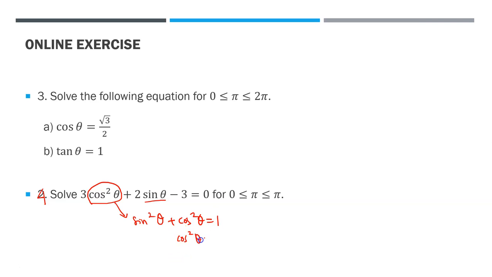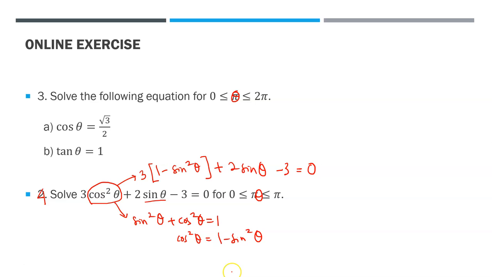So cos square theta equals 1 minus sine square theta. Then you change into 3 times 1 minus sine square theta, plus 2 sine theta, minus 3 equals 0.